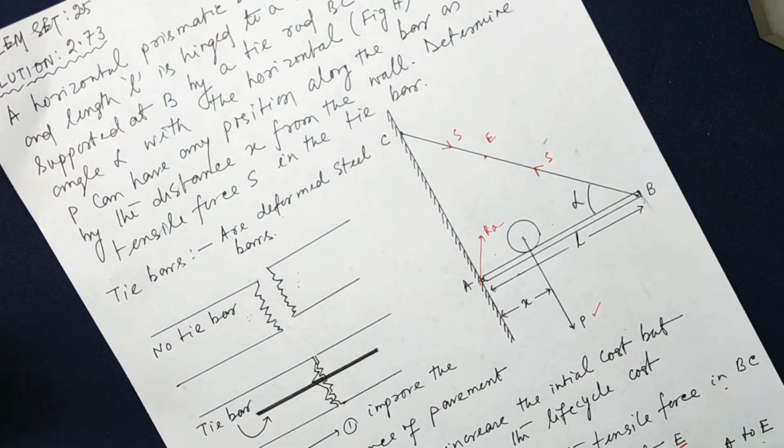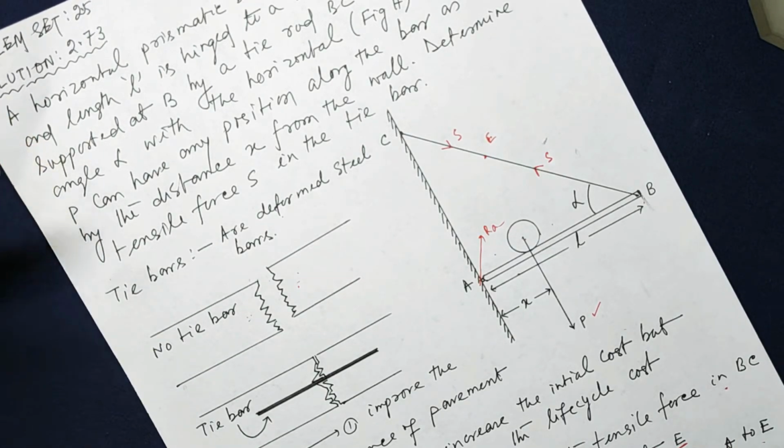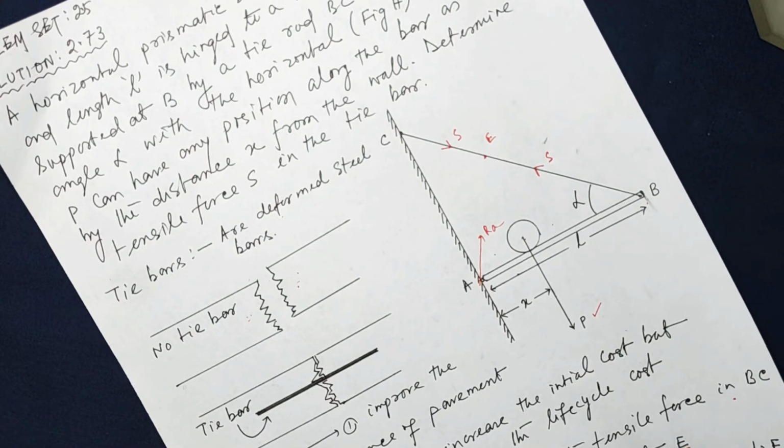But if you apply the method of moments that we have been doing in problem set 2.6, it will be much easier. So let us do it the general way, then apply the method of moments.